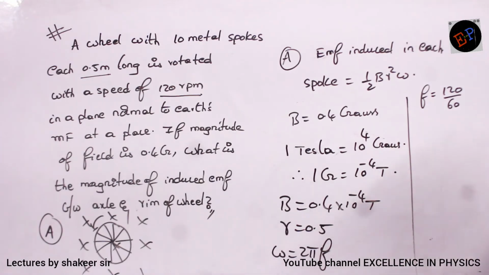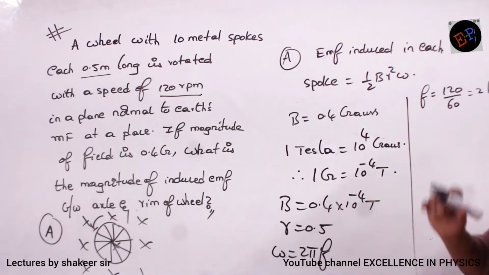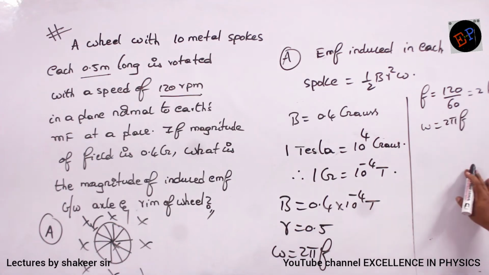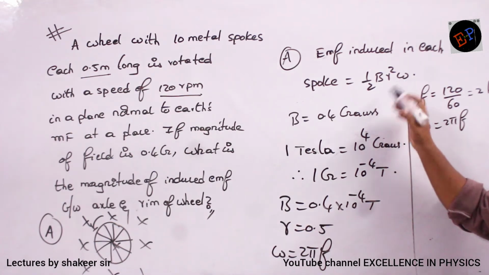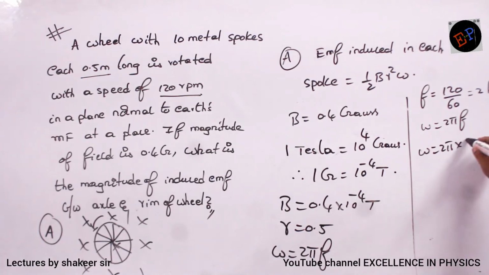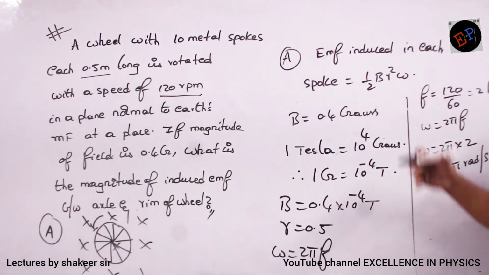So divide by 60. So therefore it is 2 hertz. That is the frequency. What is the angular frequency? Angular frequency is 2 pi f. So 2 pi into frequency 2. So angular frequency is 4 pi radians per second. Clear?